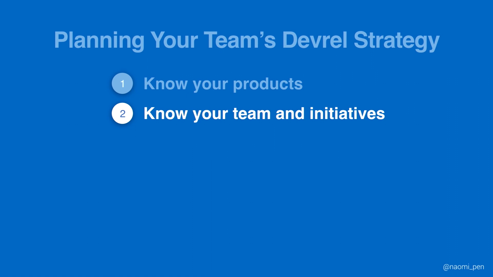The second part of this is knowing your initiatives. So what I mean by initiative is either a defined project or something ongoing, like your hackathon sponsorships. Those are the initiatives that I mean.